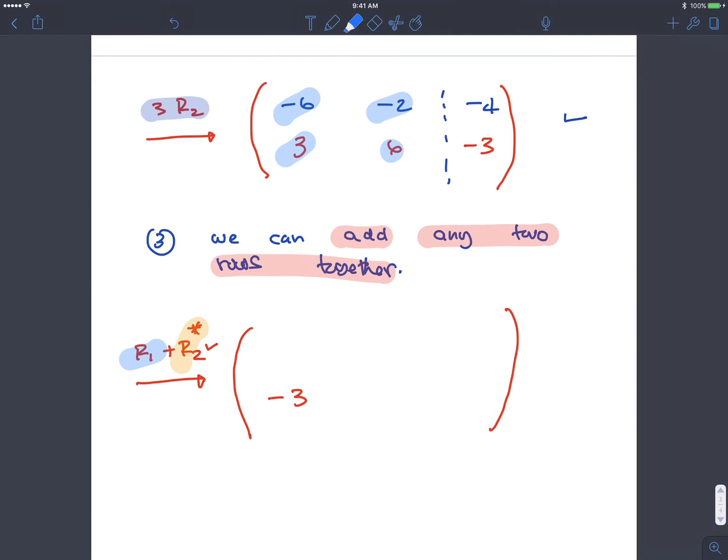Where do I put the answer? Row 2. +4. I'm going to take row 1 entry, -4 plus a -3. Where does that go? Row 2, -7.